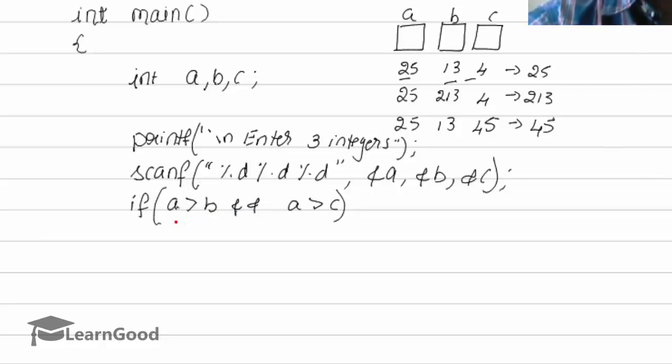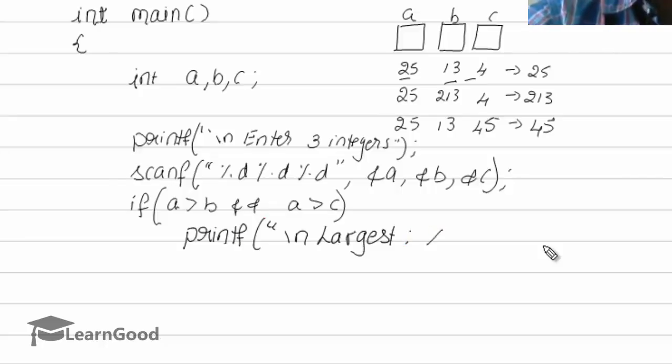When I use an and, both the conditions have to be true if the final result is to be true. So if a is greater than b and a is greater than c, if both are true, that means a is largest, then you can display here printf largest %d, that is a.